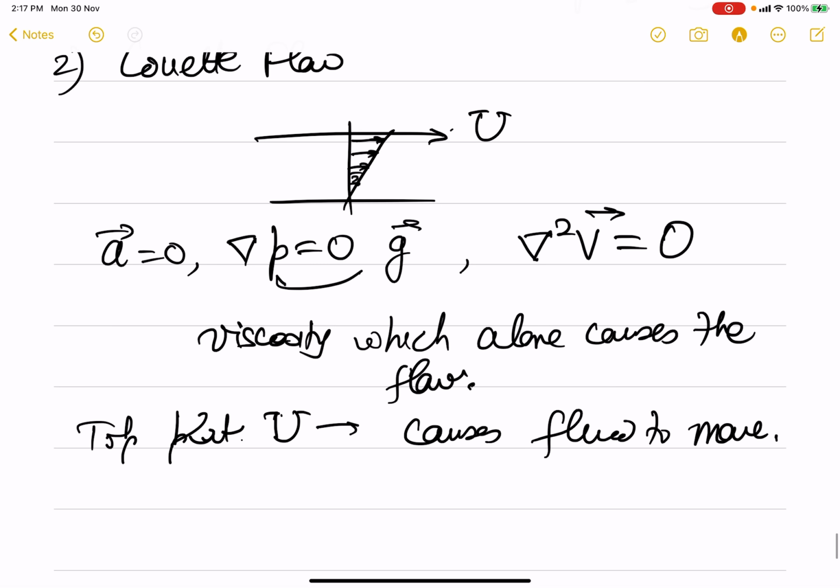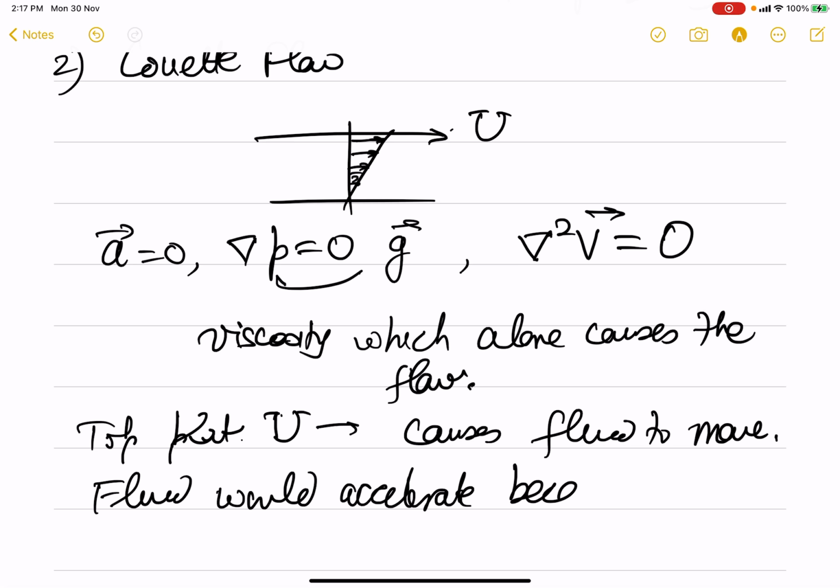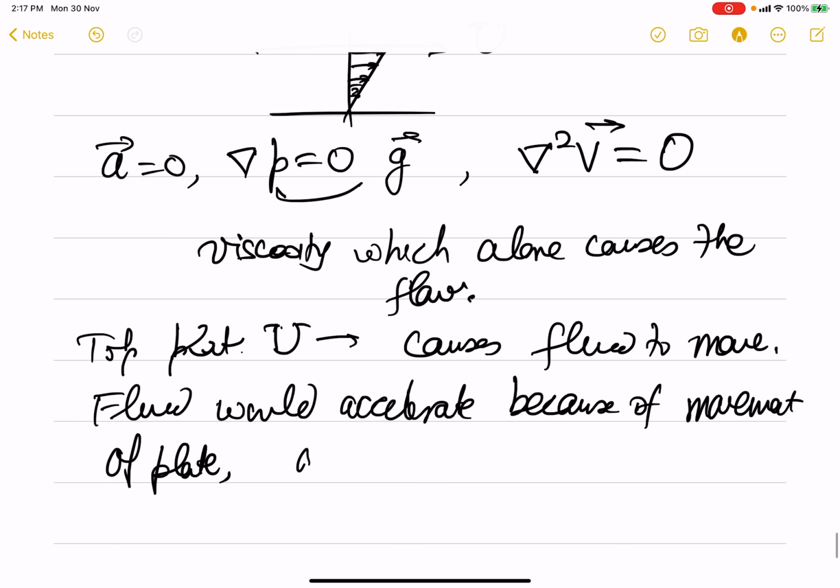Now, in general, the fluid would accelerate because of the movement of the plate. But this does not accelerate because of viscosity.